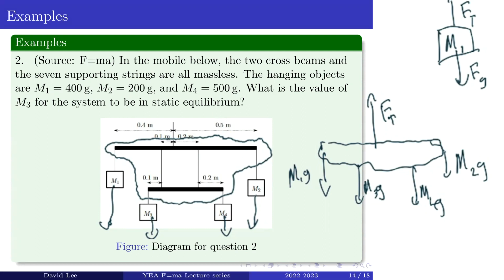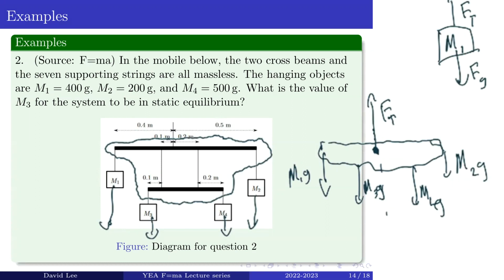So if you choose the origin to be right here, somewhere along this line, then the torque from FT is just zero. You don't have to worry about it. So now we only have four torques to worry about, and we know what each of these are.